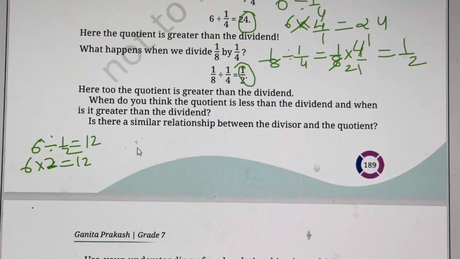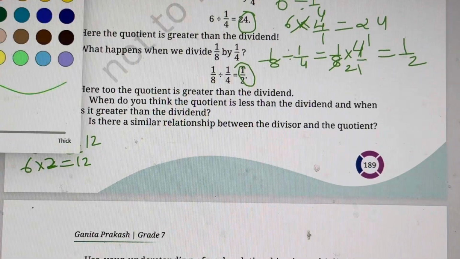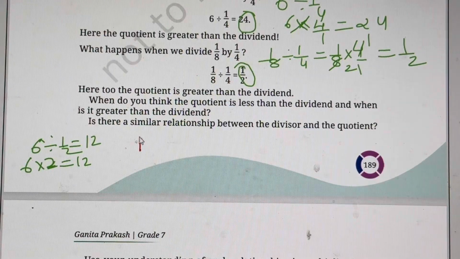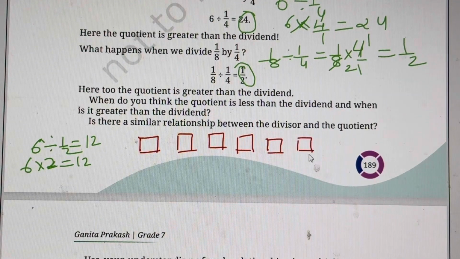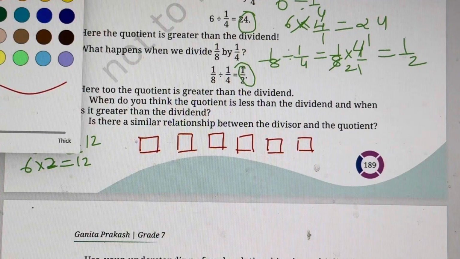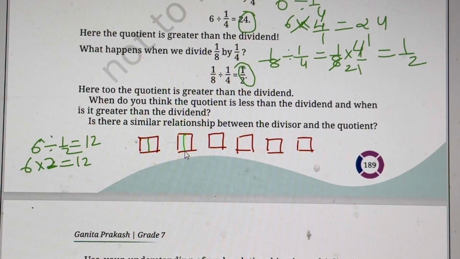Now imagine you have 6 chocolates. These are 6 bars of chocolate. So dividing by half, what does it mean? That you are dividing each chocolate into halves. Right?